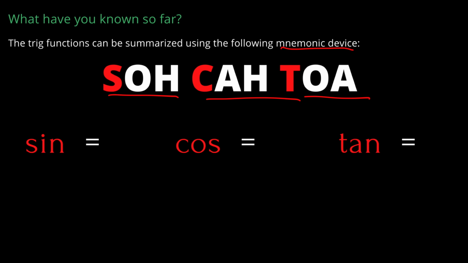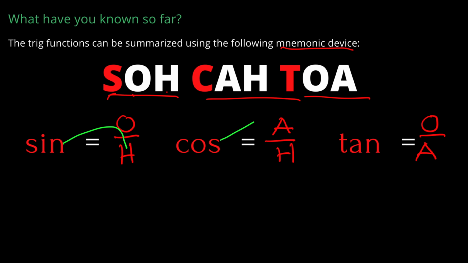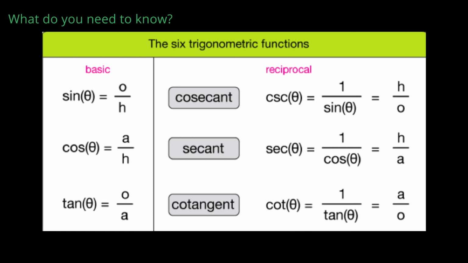So when we say SOH, it means sine is opposite over hypotenuse, so it's O over H. Cosine is adjacent over hypotenuse, so it's A over H. And tangent is opposite over adjacent, or O over A. So this will actually help you remember that sine is opposite over hypotenuse, cosine adjacent over hypotenuse, and tangent opposite over adjacent.